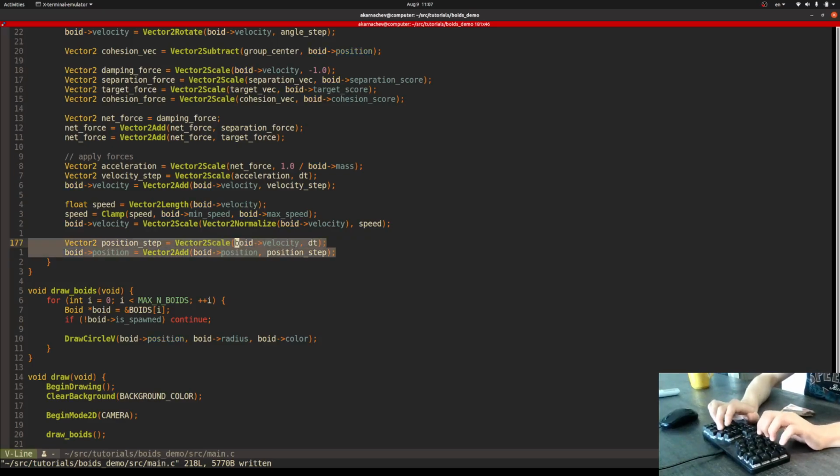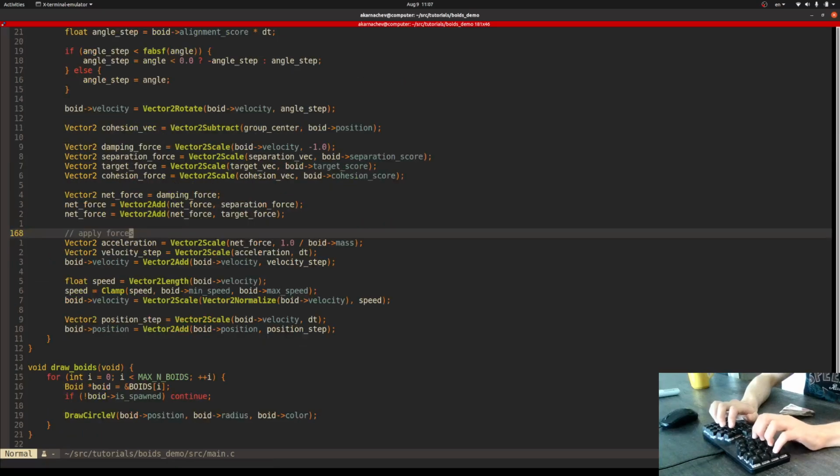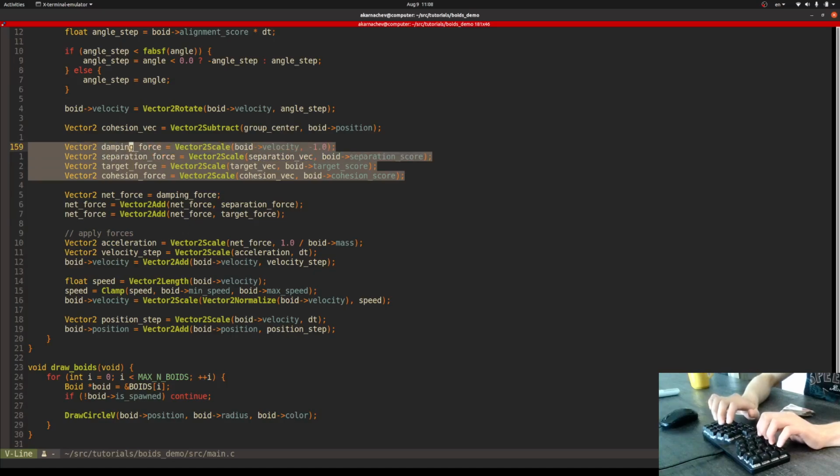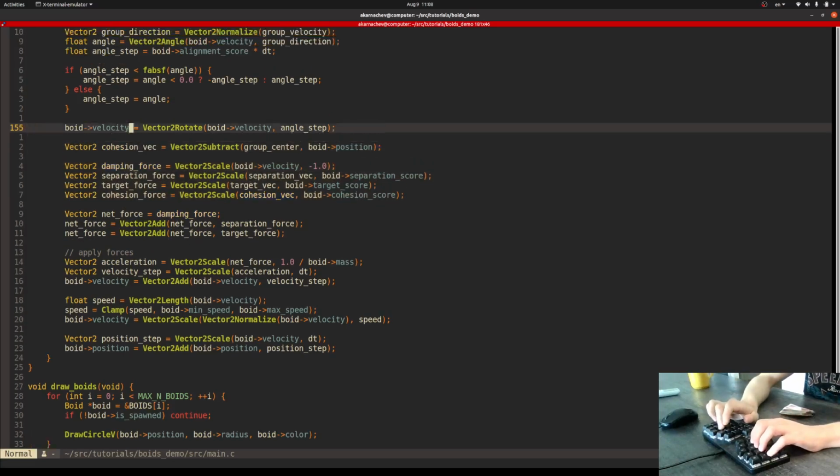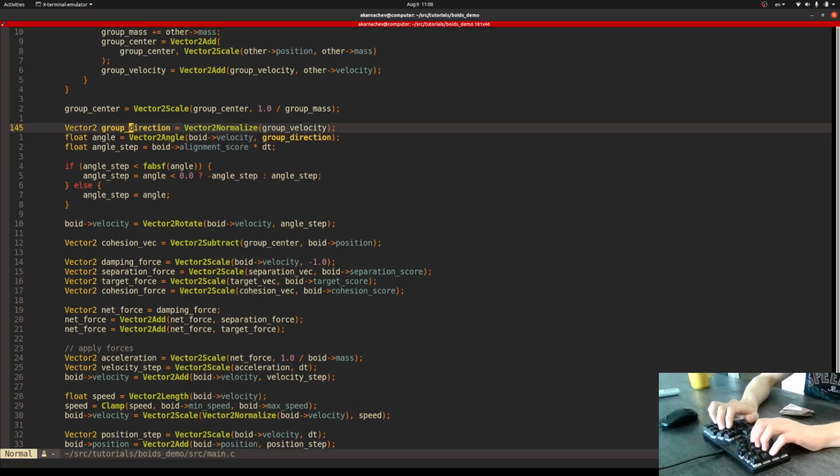This is your physics engine, and how you compute your forces is absolutely up to you. You can add any random force here. You can play with these forces however you like. You can add a lot of forces.